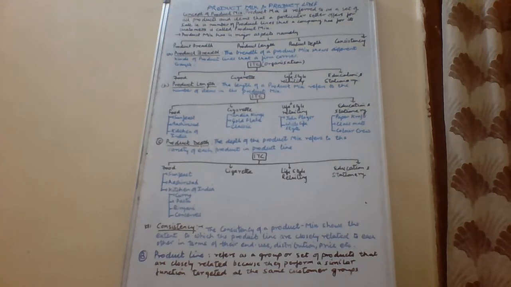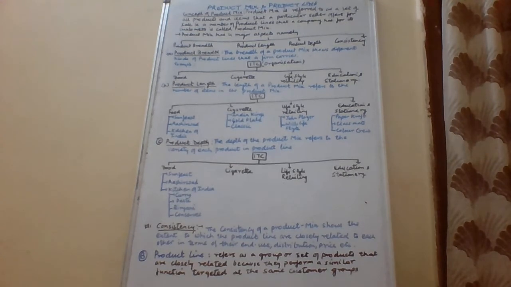But they are into more product lines. They are into hotels, agribusiness, paperboard, packaging, and personal care. So these are the other product lines.